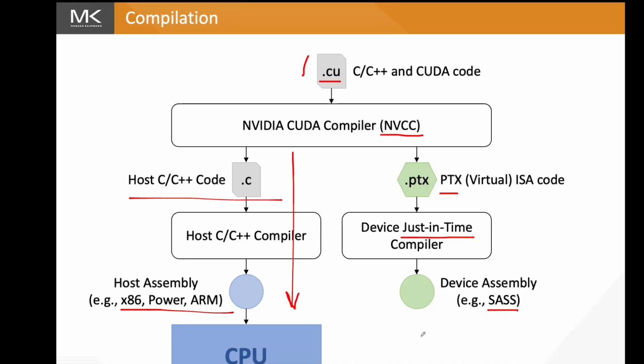And then this device assembly will execute on the GPU. Okay, so this is from 10,000 feet how the CUDA compiler really works internally, but you don't need to worry about the details because most of them are handled by the CUDA compiler. It's going to be okay if you just know how to use NVCC. But the general flow of the compilation process is what I showed in this slide.